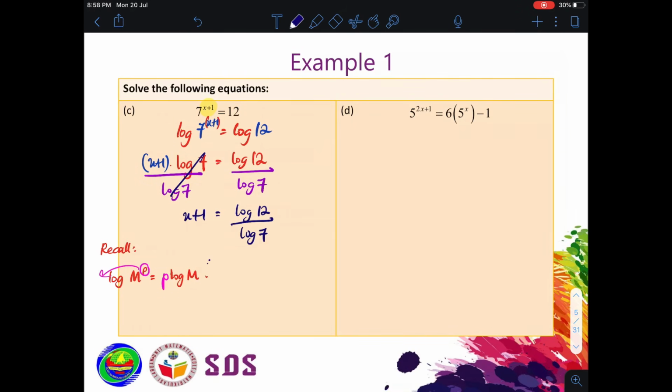Therefore, as the conclusion, we have x equals log 12 over log 7 minus 1. Or we must simplify it using your calculator, and you will get 0.277.